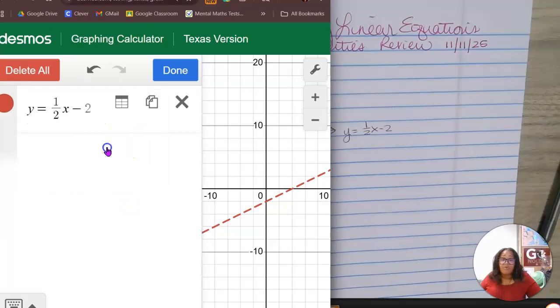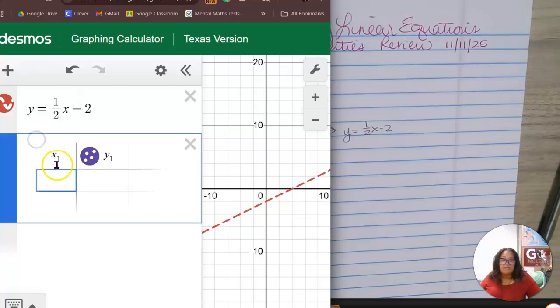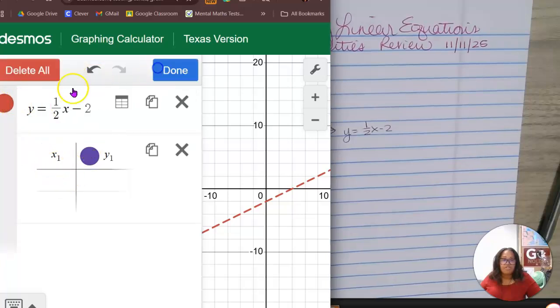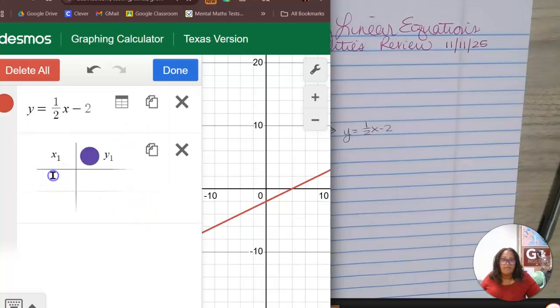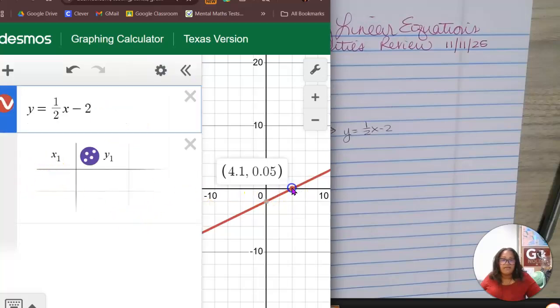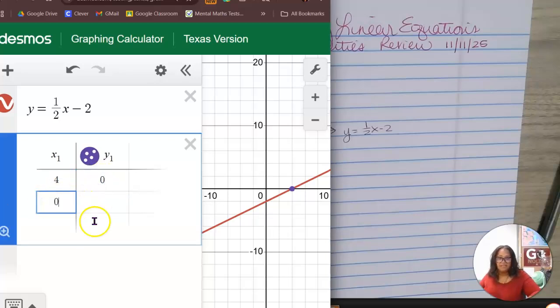Also, if it gives you points, you can make a table, leave that graph there, and make a table. This should actually be solid because it's a solid line. If it asks for points, let's put this point in there, 4, 0. I like to put the origin in there, 0, 0.